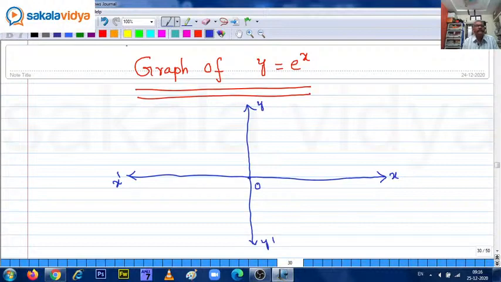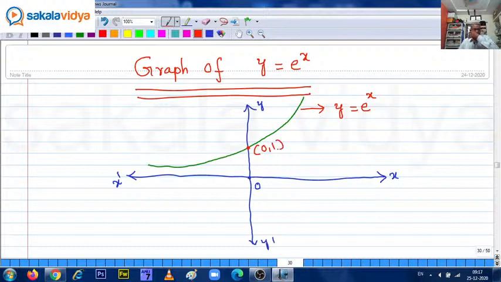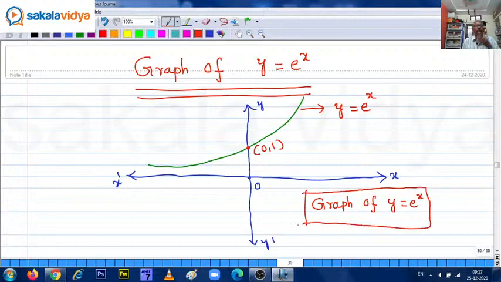This is the origin. So the graph of e power x will be like this. It crosses at 0, 1. So it will not touch the x-axis. It cuts the y-axis. This is the graph of y is equal to e power x. This is the first graph.